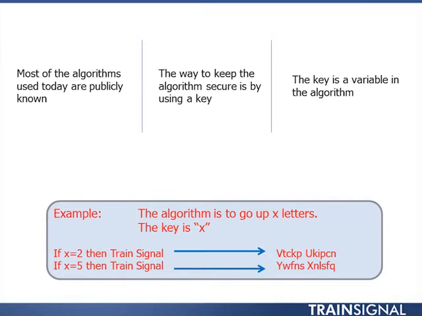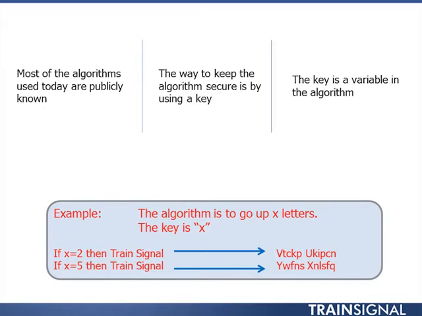We all know, if we go back to that story of childhood, passing notes in school, it's not an uncommon algorithm to say, hey, let's write a note to each other, but the letters we'll use will be a certain number of letters away from the actual letters that we were intending on using. Right? So the algorithm is go up X letters.